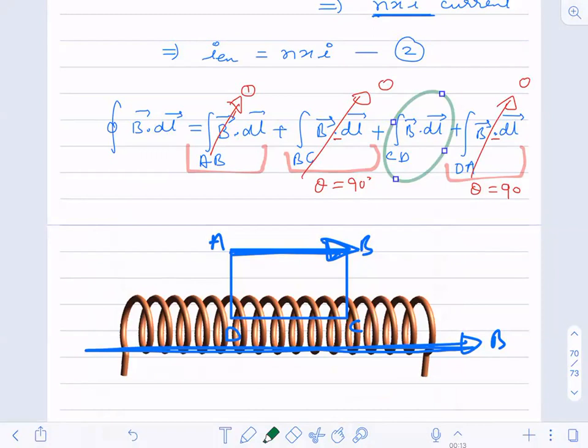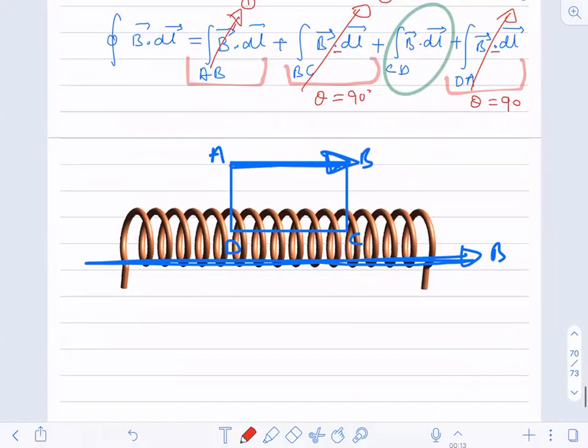So I can write it now: the integral of B dot dl for the complete loop A, B, C, D, A is equal to the integral of B dot dl over CD only, because for the rest it is 0. If you calculate only for CD, you will get the value.